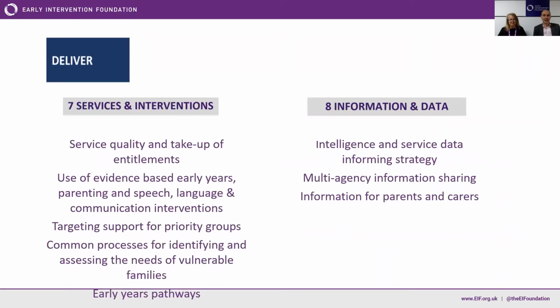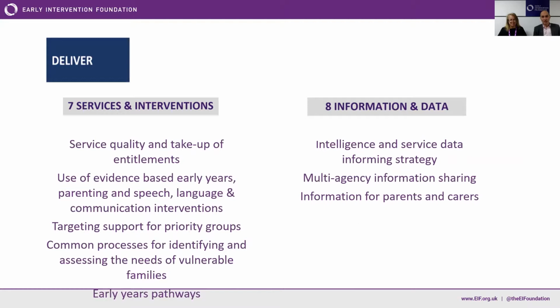The third dimension then is on delivery, and it has two key elements: services and interventions, and information and data. So first of all, it looks at what the quality of local services are, either judged through external inspection or indeed through local judgments about quality, and also take-up of entitlements.